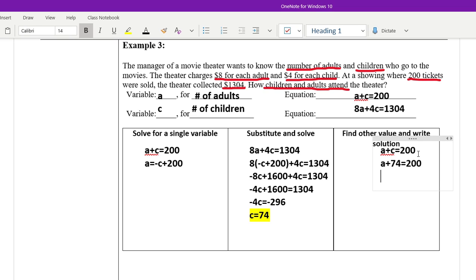I can subtract 74 from both sides, and I'll get the adults is equal to 126. So what this means is I had 126 adults at the movies. So in this case, I had more adults. This is where they may focus on selling towards adults.